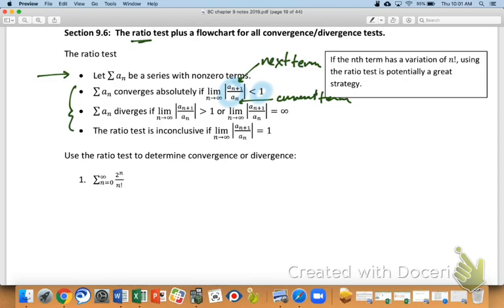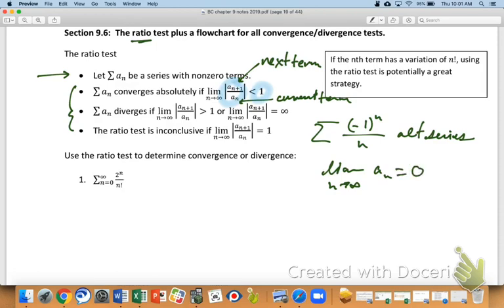So let's say we had this, we've done this before. Let's say we had this series right here. Alternating harmonic, right? So we'd identify it as an alternating series, and we would say, all right, the limit as n goes towards infinity of A sub n, you already know what that is, equals 0, right?